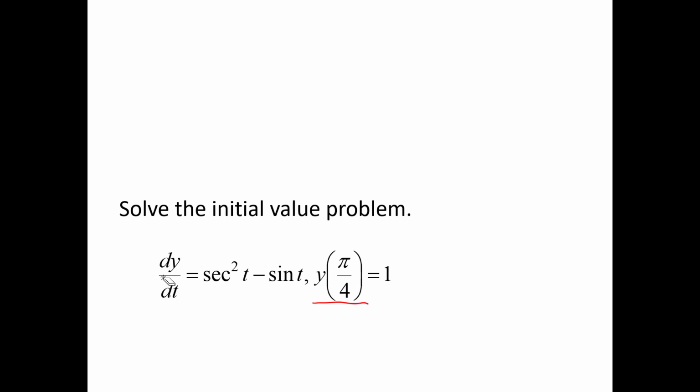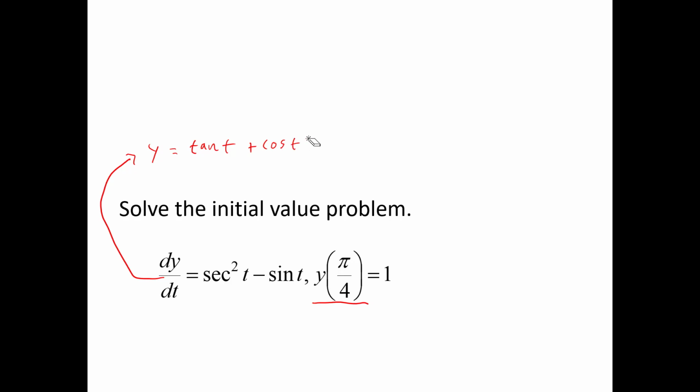And so if this is the derivative, you're asking yourself, what was the original function? What did I take the derivative of to end up with secant squared? The derivative of the tangent is secant squared. So the first term must have been tangent of t. And then if I want to end up with minus sine of t, then I could have had a plus cosine of t.